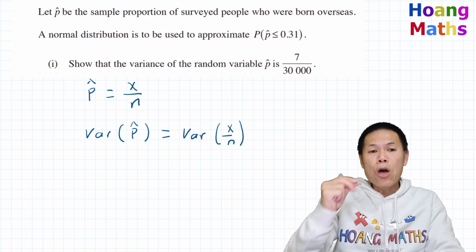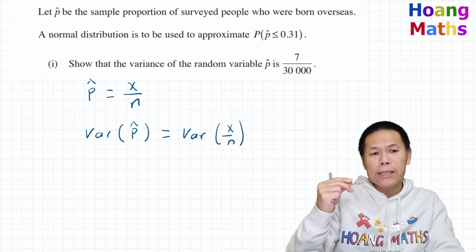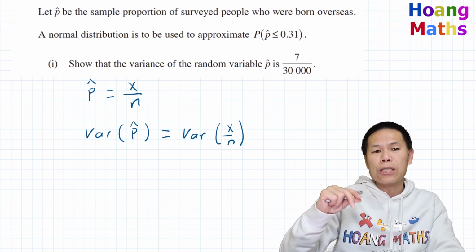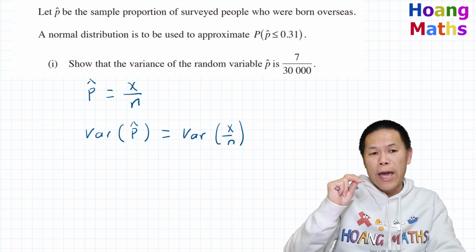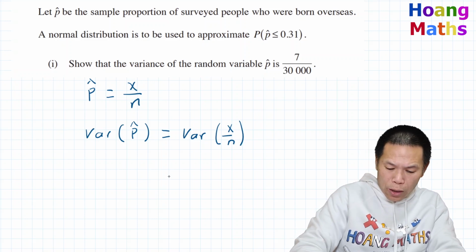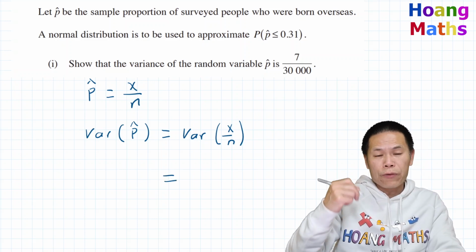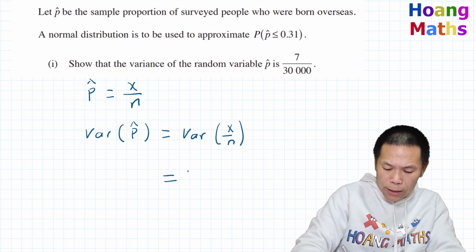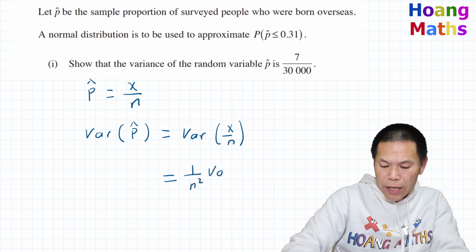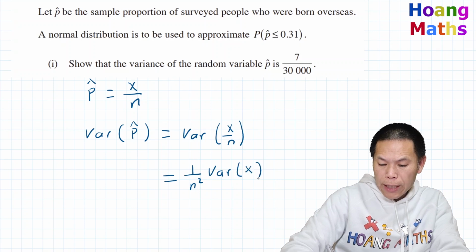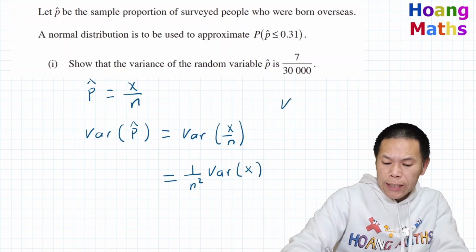Then we know that n is a sample size and variance is the square of the standard deviation. So I can take 1 over n squared out. That's why we take 1 over n squared out. So that is the variance of x.